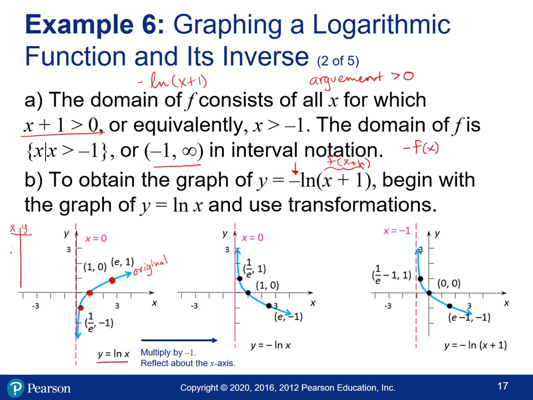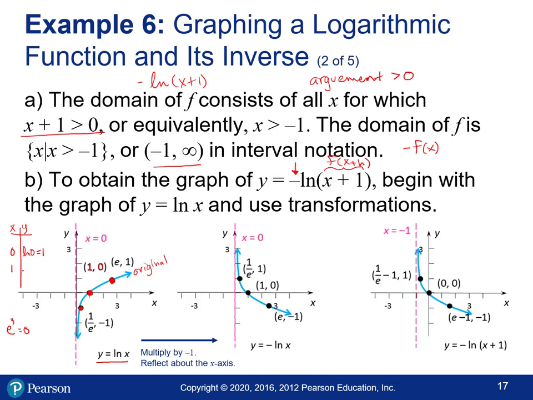So if we plug in 1, we say natural log of 1. What does that equal? It usually helps to put it in exponential form to solve that. So I would say something like e to what power equals 1. And the only way to get a 1 there would have to be a power of 0. So that's how I get that point. Let me just do one more. If I wanted to plug in a 0 here for x, well, that'd be a little bit difficult.